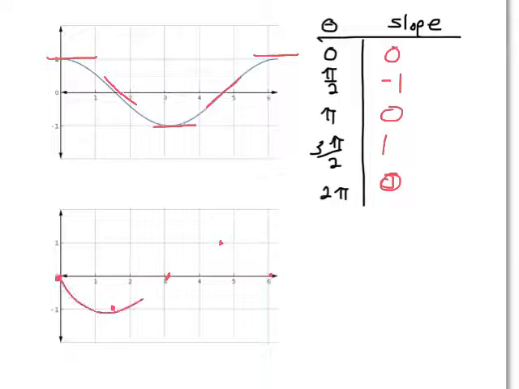So sketching this curve, it's not exactly the sine curve. In fact, it's the sine curve reflected over the x-axis. So this is actually a negative sine curve. So that's a way we can graphically derive first derivatives for the sine and cosine by looking at what the slope of the tangent line is doing at various points.